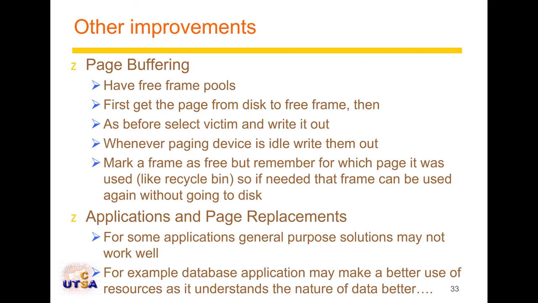There are several other improvements that can be done along with paging to improve performance. For example, instead of every time a page fault happens going and finding a page and then bringing it from the disk, they reserve a pool of free frames. So when a request comes in, right away they are able to give you one of the frames, and then in the background, the operating system finds another victim frame, swaps it out, and puts that frame into the free frame pool.